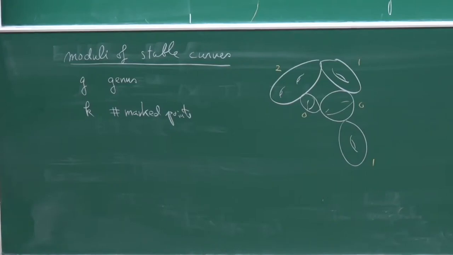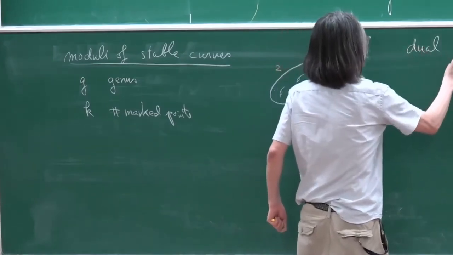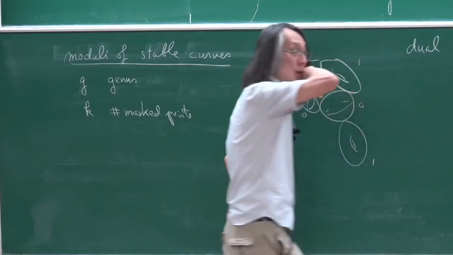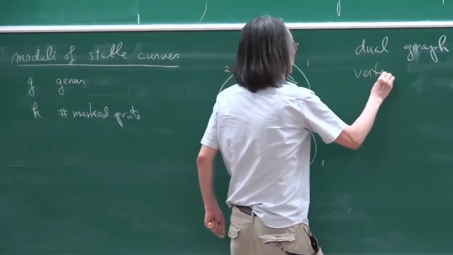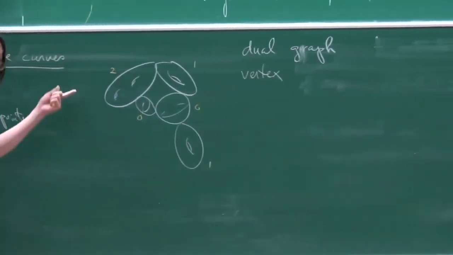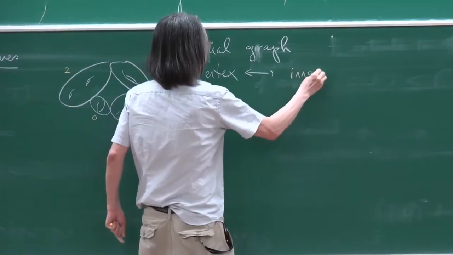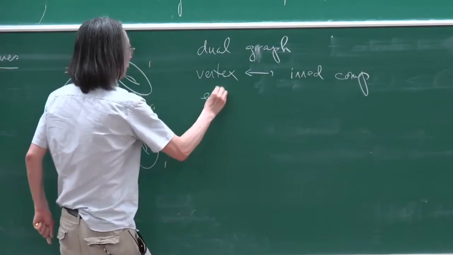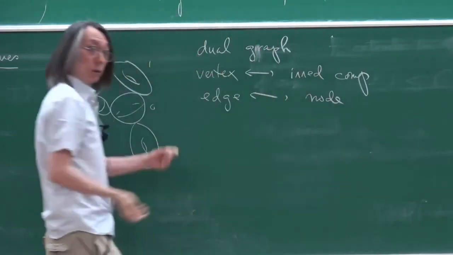But also we can talk about the dual graph. Namely, the vertex of its dual graph is an irreducible component. An edge corresponds to the node joining two components.